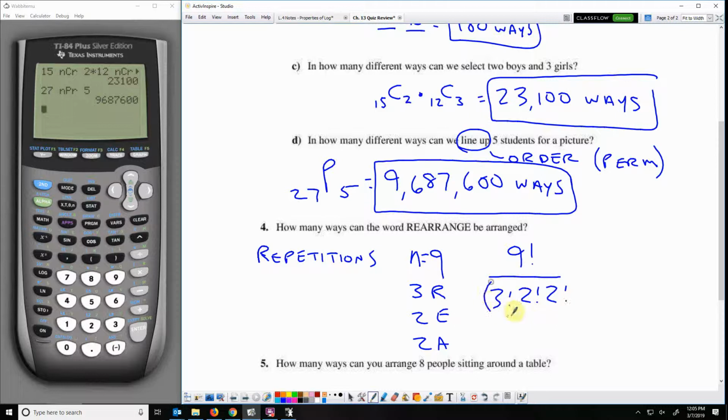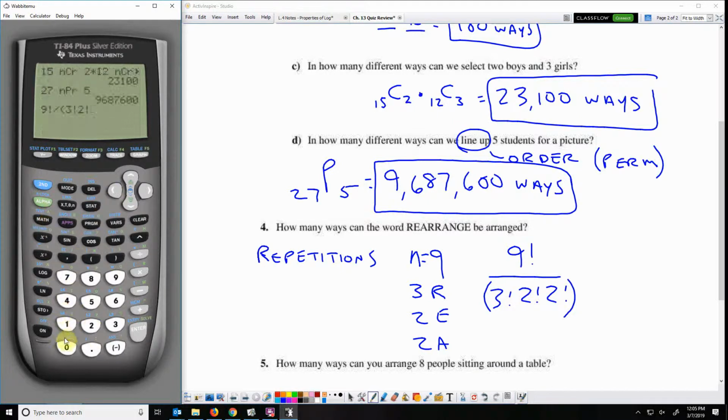And in my calculator, I have to put that denominator in parentheses, otherwise it will only divide the first ones and then it will multiply. And I don't want that. I want that multiplication to happen before I divide. So 9 factorial, math, probability, option 4, divided by 3 factorial times 2 factorial.